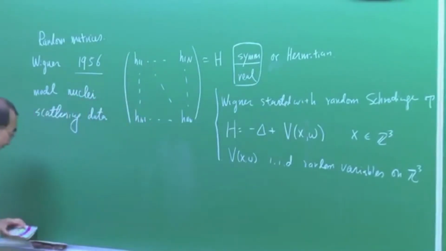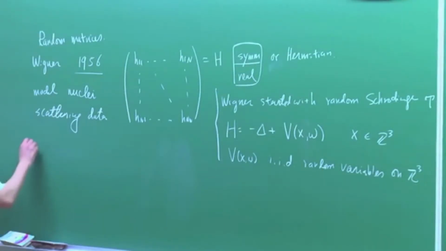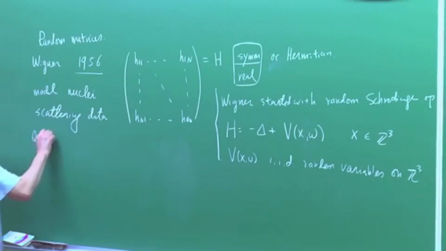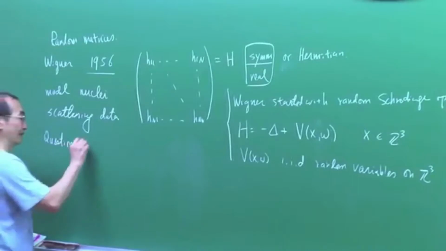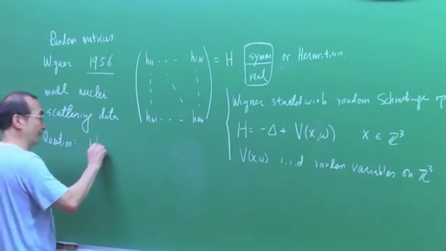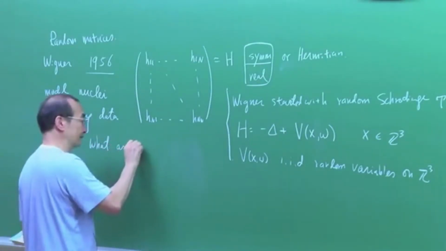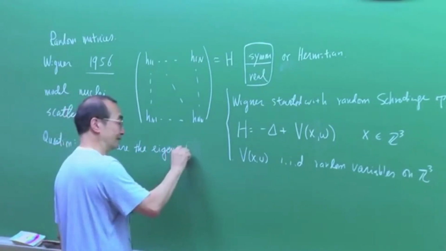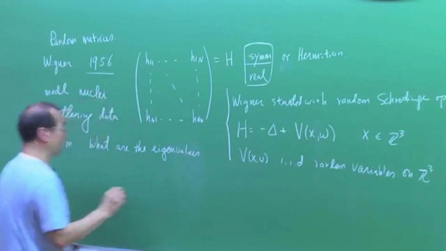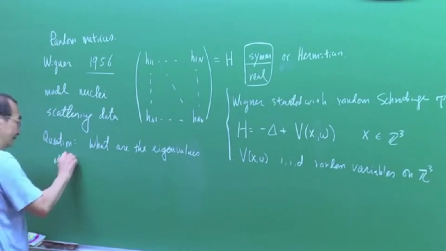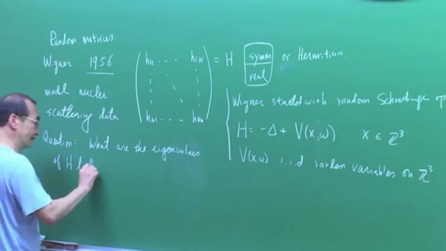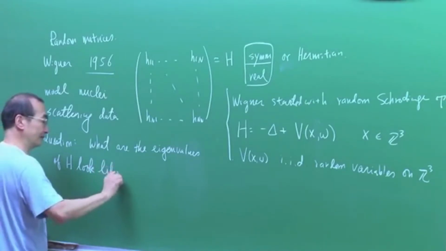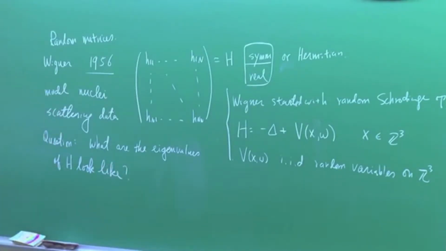Okay. So the question is, what do the eigenvalues of H look like? This was the question.